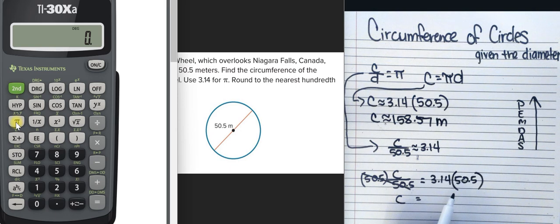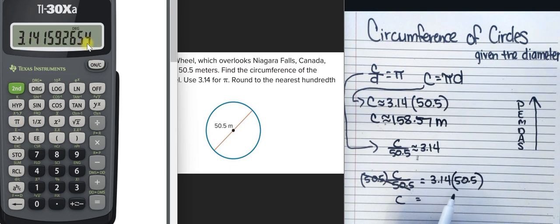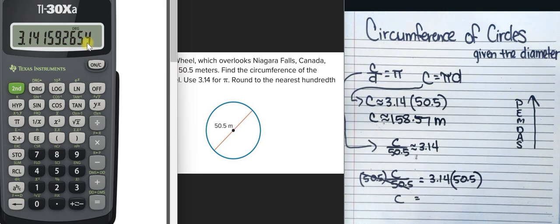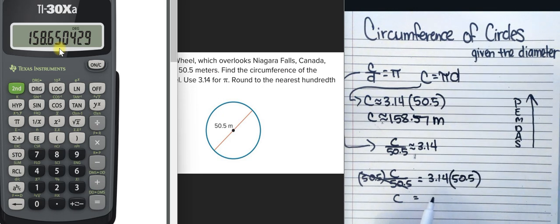So you'll see the symbol on here, and if you press that, it's going to show you as many digits as it can fill up on the calculator screen. So we're going to plug that in, and then I'm going to multiply that by 50.5. So let's see what happens to our answer now. All right, so now we've got 158.65, and that is because we used the calculator. It went out more digits, which means that this is more precise.